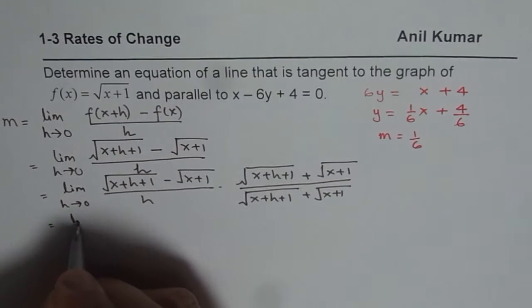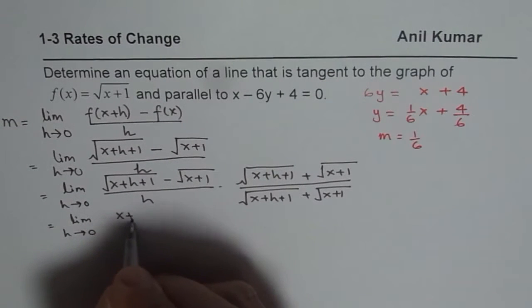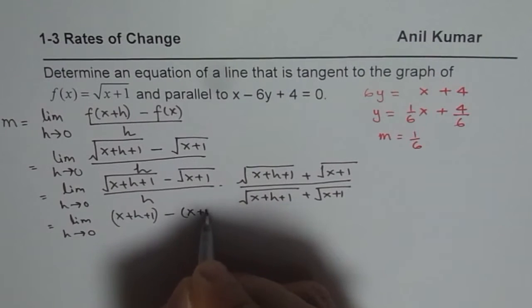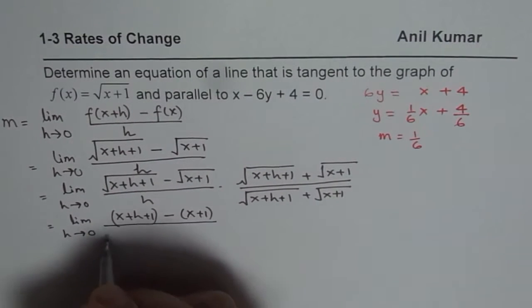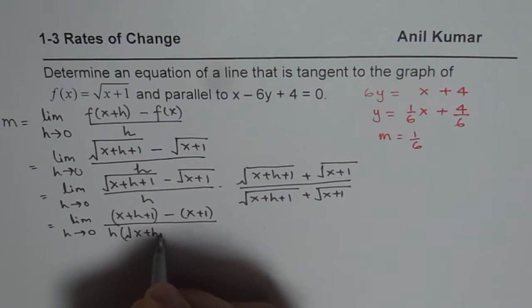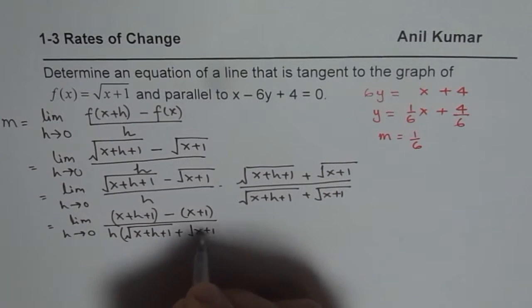So what we get here is the limit as h approaches 0. Using the difference of squares, we get x plus h plus 1 minus x plus 1, divided by h times square root of x plus h plus 1 plus square root of x plus 1.